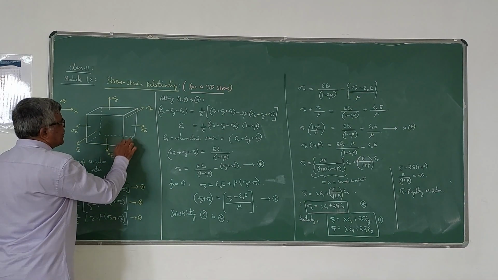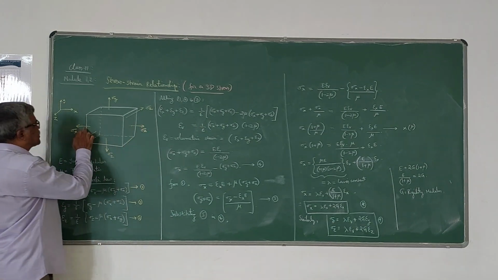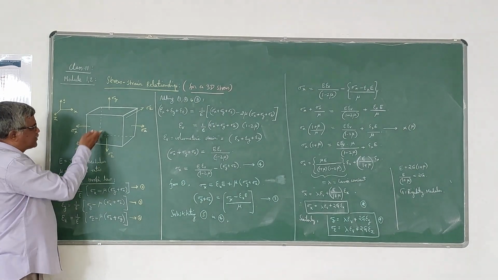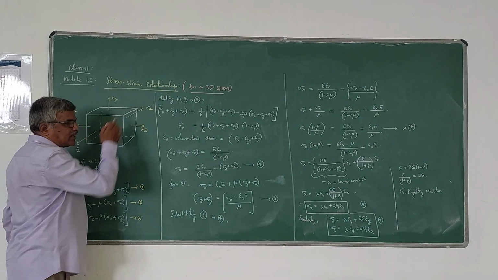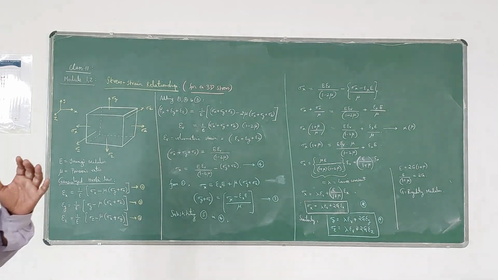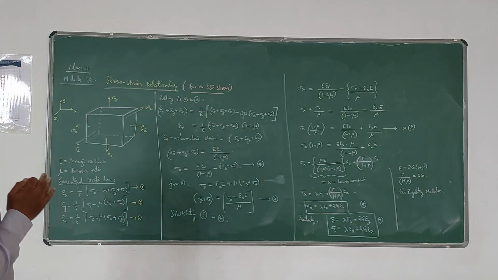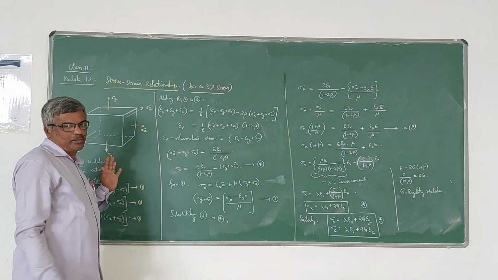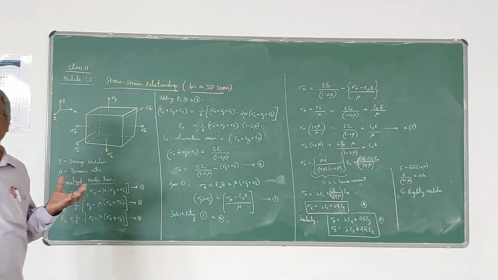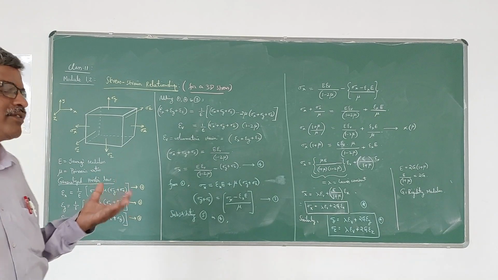So sigma x is the normal stress in x direction, sigma y is the normal stress in y direction, sigma z is the normal stress in z direction. When an element is subjected to stresses like this, definitely there will be a change in volume. If it is subjected to tensile stresses throughout, then there will be an increase in volume.